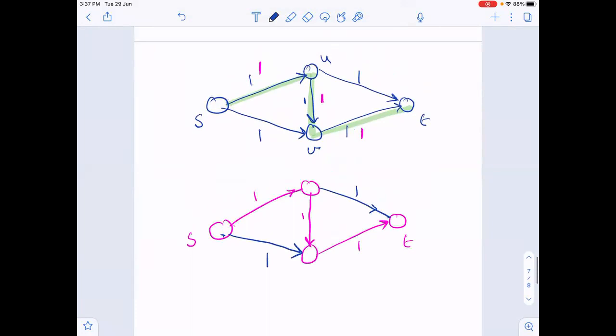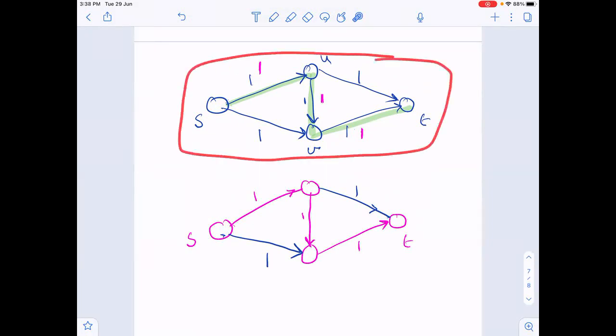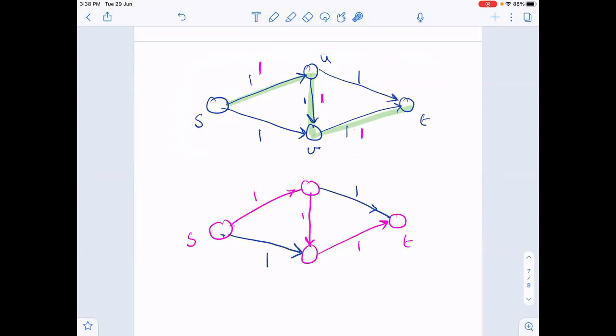But what do you think is the total flow of this graph originally? 1, right? Think of it. What is the total maximum flow of this graph? 2. It's 2, because you can send 1 unit from here to here and 1 unit from here to here.